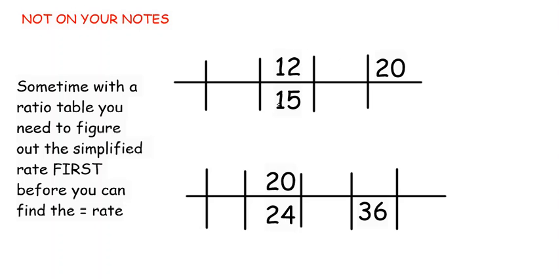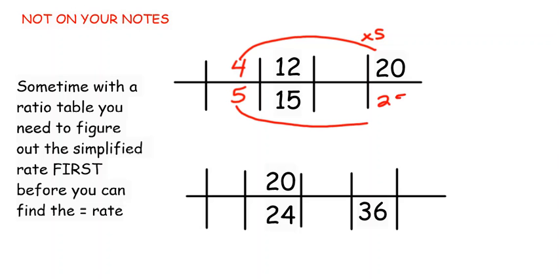But if I were to simplify this ratio first, it would be a lot easier. So if I divide it by 3, that gives me 4/5. Still the same equivalent ratios. But now I can easily go from 4 to 20. That would just be multiplying by 5. So the same on bottom, if I multiplied that by 5, it would give me 25. So that helps me out.